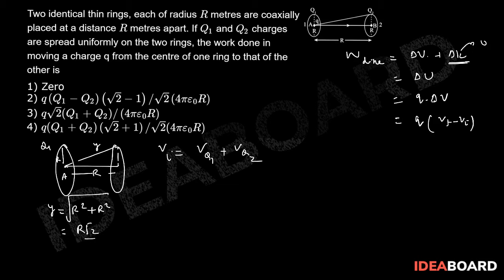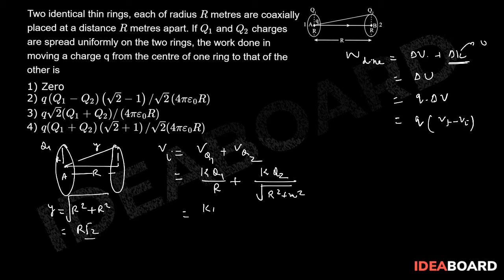This is V initial. Initially, V due to q1 will be k q1 by simply r, plus due to q2 it will be k q2 divided by under root of r square plus x square. This is the formula, but I already called this term y.